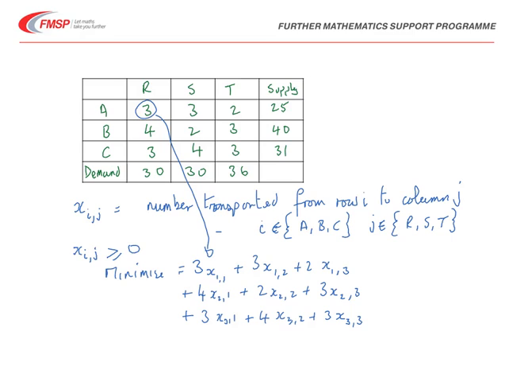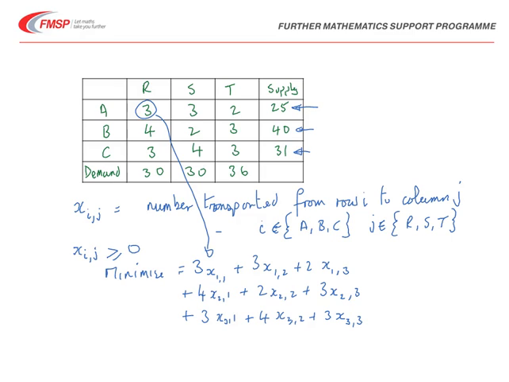There are constraints associated with this. Well, the constraints are simply statements of the possible supplies, so that the amount we supply from A has got to be less than or equal to 25, from B less than or equal to 40, and from C less than or equal to 31.